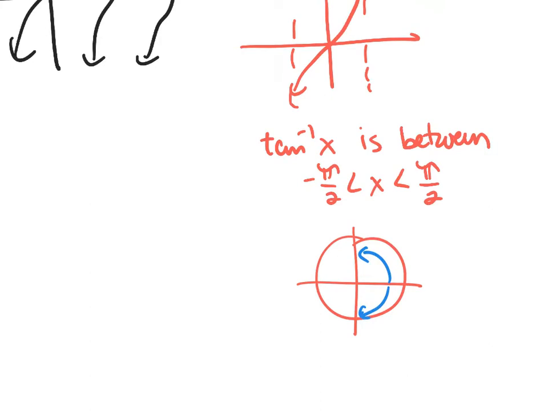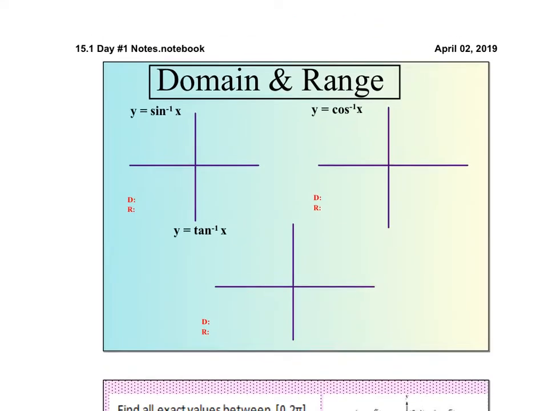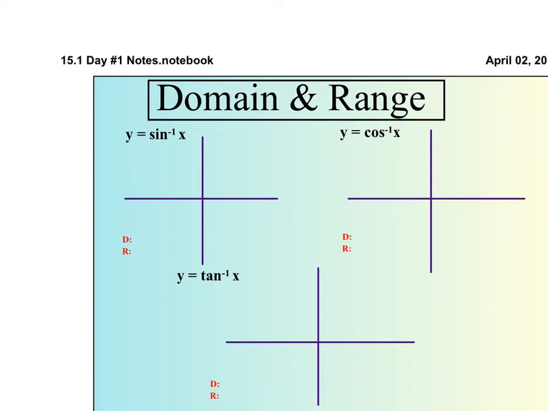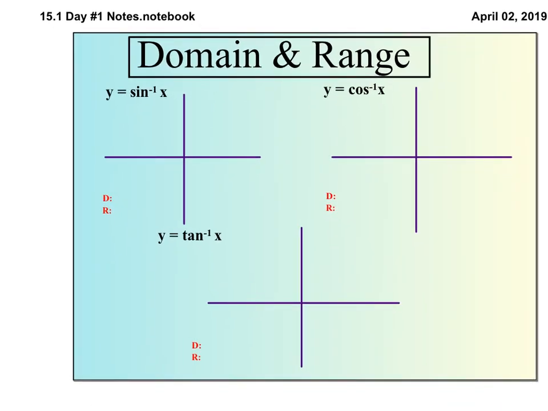Okay, let's go to the next slide in the slides. So let's graph what these actual inverses look like. If you remember, to graph an inverse, you switch the x and y. In this case, I'm going to switch the x and y axis. Sine usually goes from -1 to +1 on the y. Now it goes from -1 to +1 on the x.